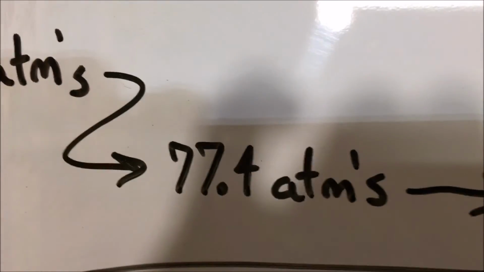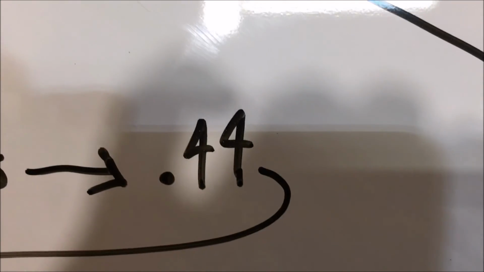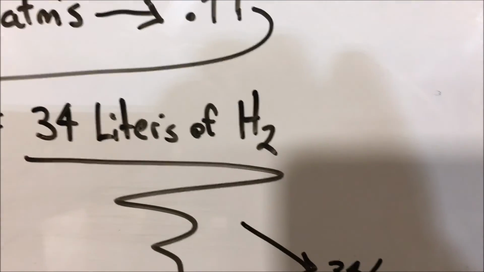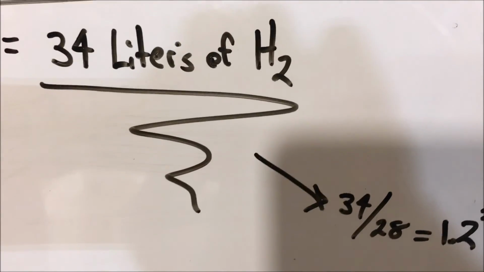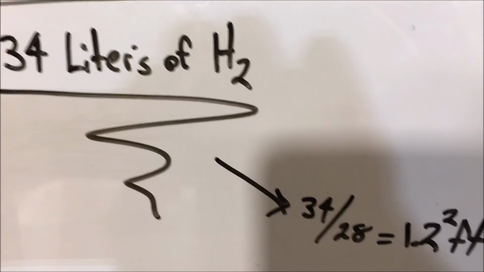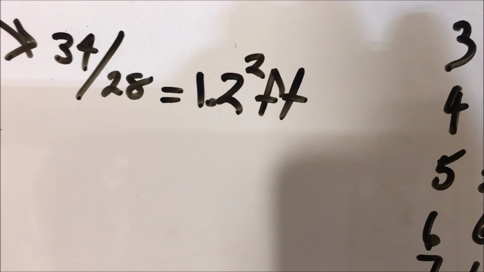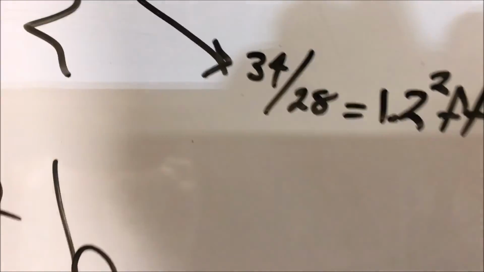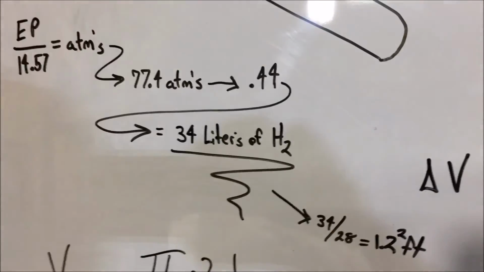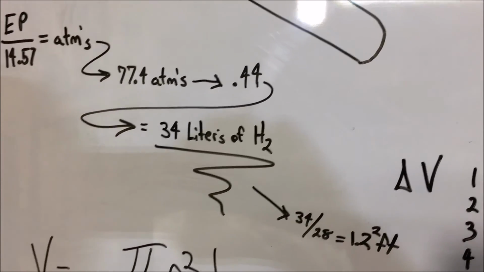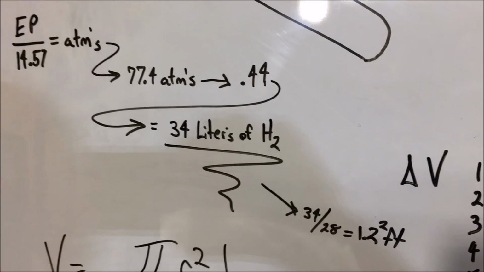And because we know how many atmospheres are in the tank, and because we know how many liters are in the tank, we multiply the two, and we get the sum of 34 liters of hydrogen gas being liberated in that reaction. Now, that comes out to 1.2 cubic feet of hydrogen gas at STP, which I believe to be 25 degrees Celsius, 14.5 psi atmospheric pressure.